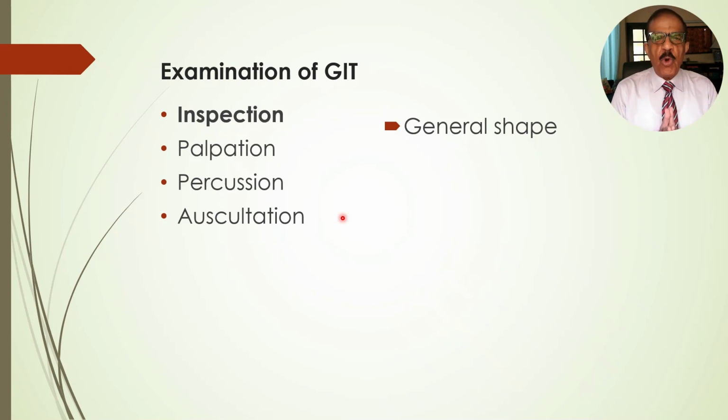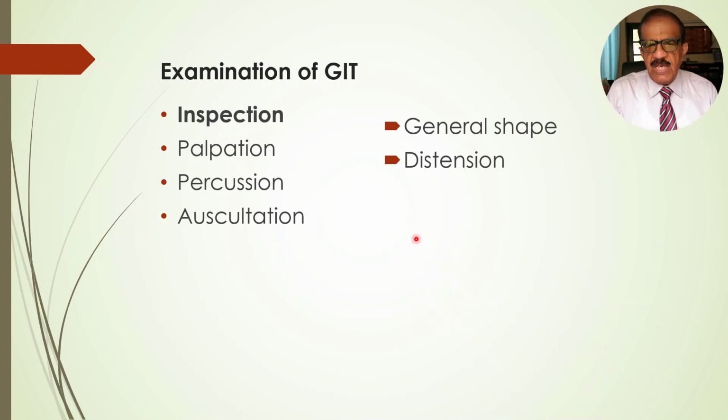For example, abnormal protuberance in the flanks, or abnormal protuberance in the center, or too much distension. One can actually tell the cause of distension. Distension due to ascites, distension due to intestinal obstruction, and distension due to obesity all have different appearances, and you need some experience to be able to differentiate between them.